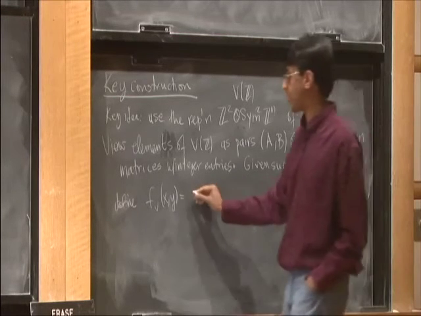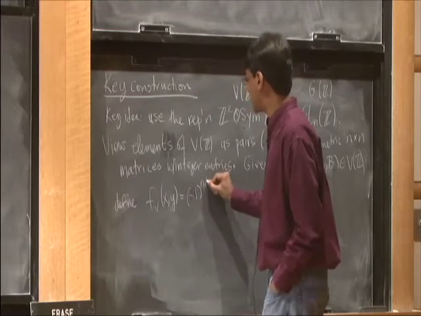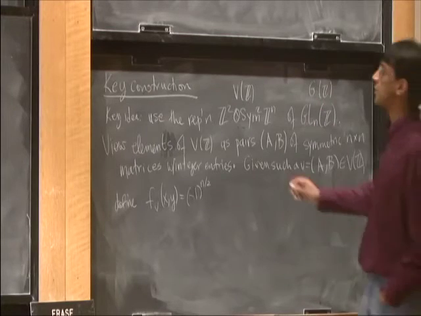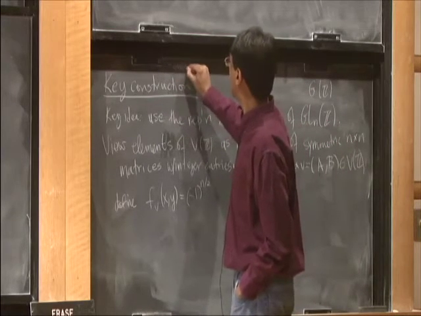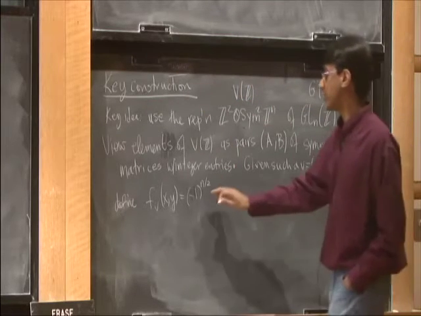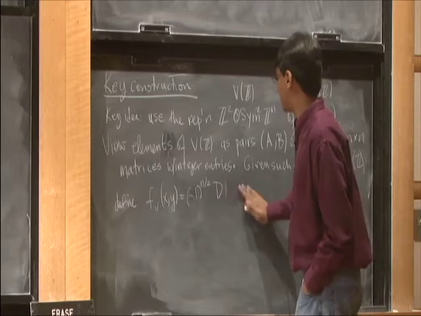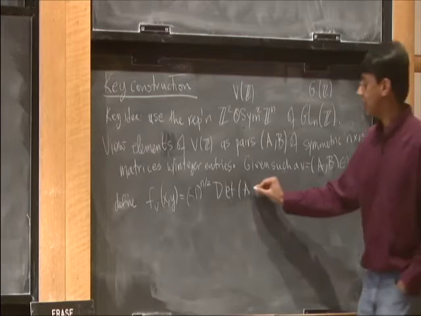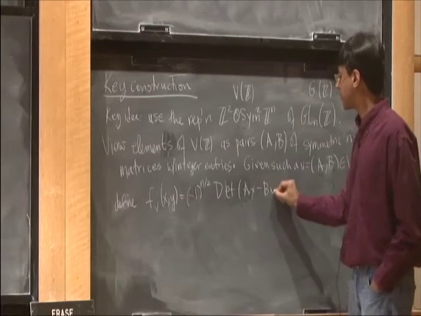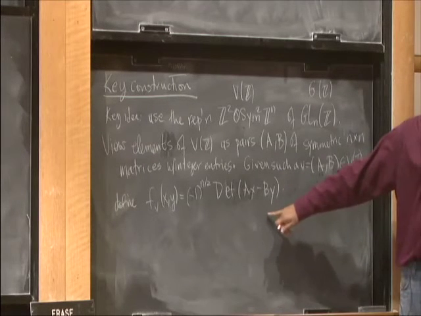So in other words, f_V of x,y will be the discriminant, which is the same as saying (-1) to the n over 2, where I'll always keep n even for now, times the determinant. So what we do is we take A times an indeterminate x minus B times an indeterminate y. Take the determinant. That will be a binary n-ic form, right?